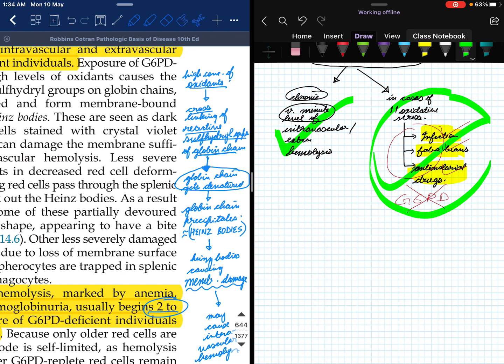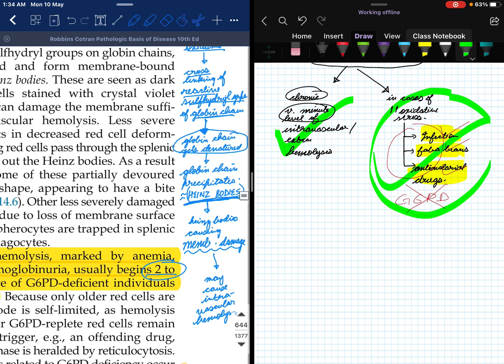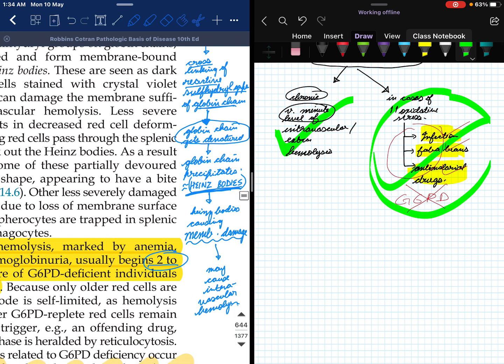Once damaged, it precipitates in the RBC and forms Heinz bodies. The Heinz bodies, when they precipitate, stick to the membrane and cause membrane damage.